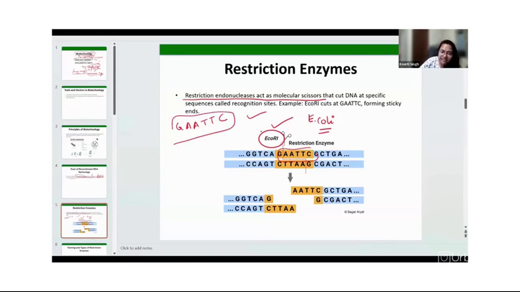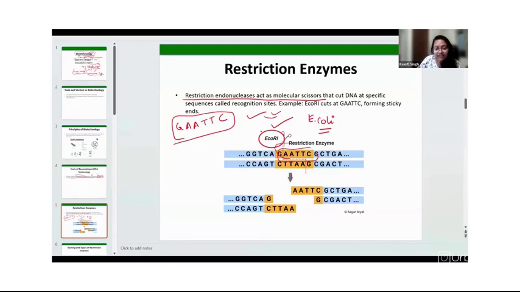You know the DNA has these kinds of sequences all over its length, right? These nucleotides, these nitrogen bases are present. So this EcoR1 will act as a molecular scissor. Wherever the sequence is present, it will cut the DNA into two. See here, the sequence is present.